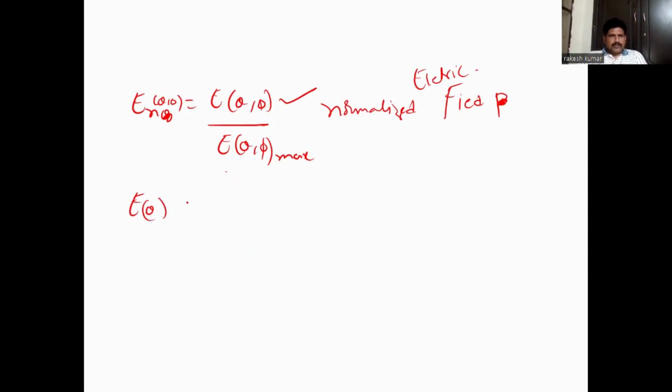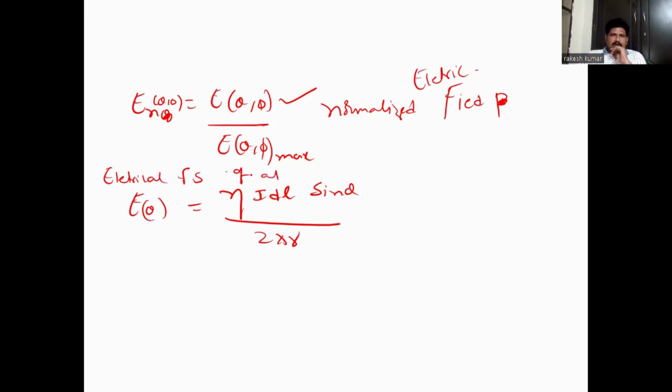For the alternating current element, the electric field strength is given as E theta is equal to eta I dl sin theta by 2 lambda r. Now let us go for the vertical pattern.